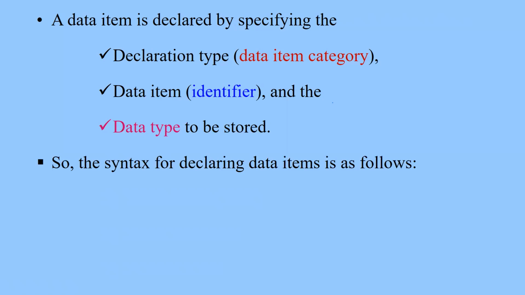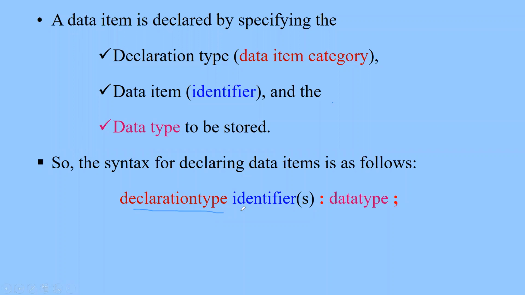So the syntax for declaring data items is as follows. We have the declaration type, identifier or identifiers, colon, data type, semicolon. I repeat, declaration type, identifier, or several identifiers, then colon, then data type, and a semicolon to indicate the end of the statement.